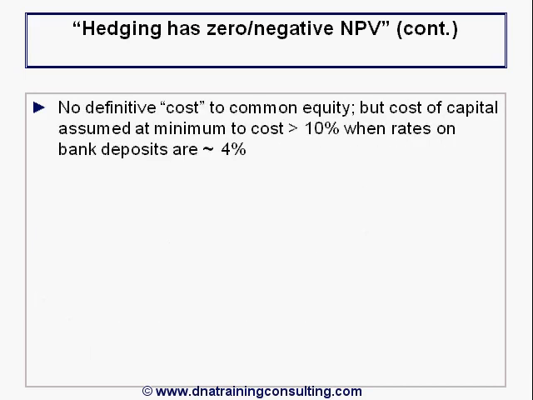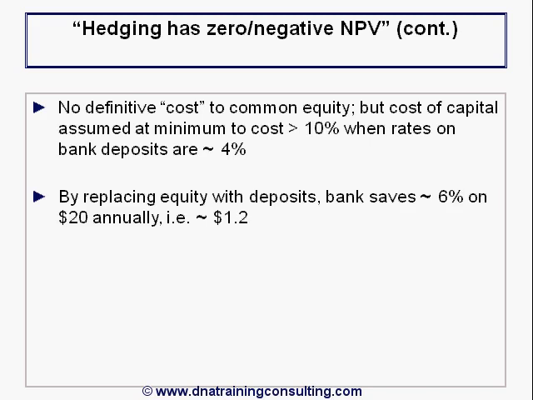There is no definitive cost, quote-unquote, to common equity, but typical models for the cost of equity capital assume at a minimum a cost of not less than 10% when rates on money market instruments such as bank deposits are around 4%, as in the case.